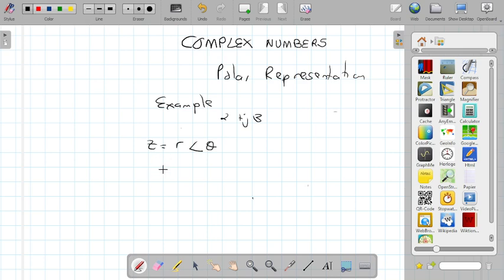Yes. So r is equal to the square root of 2 squared plus 3 squared. Now 2 squared is 4, 3 squared is 9, so this has to be 13. So that is the square root of 13.